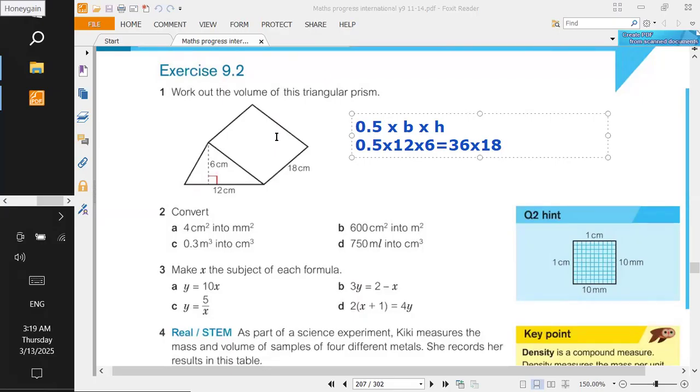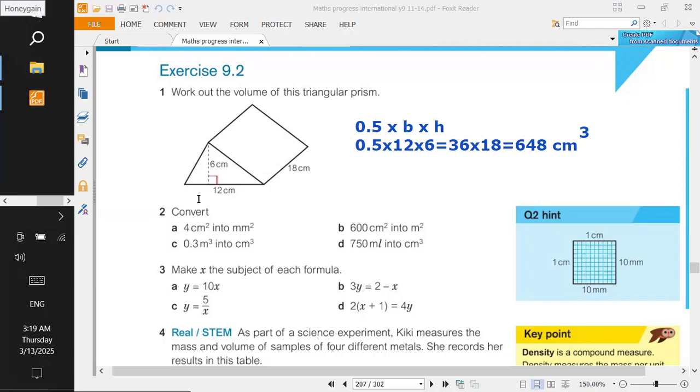So half base times height, and then you multiply it by the length of the prism, and this gives me 648. And because we're using centimeters here, it's going to be centimeters. And because it's a volume, it's going to be in centimeter cube. And this is how you answer a question like this.